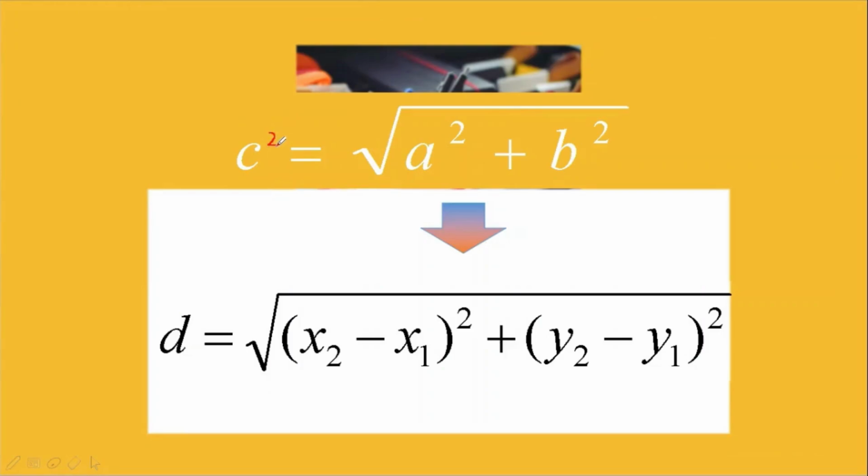We have a typographical error again. So C square equals A square plus B square and becomes the distance formula. So again, we have square root of x sub 2 minus x sub 1 square plus y sub 2 minus y sub 1 square. Okay, so again, this is the formula in getting the distance between the 2 points.